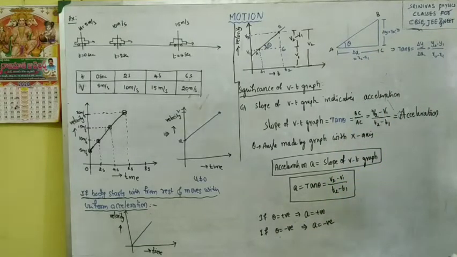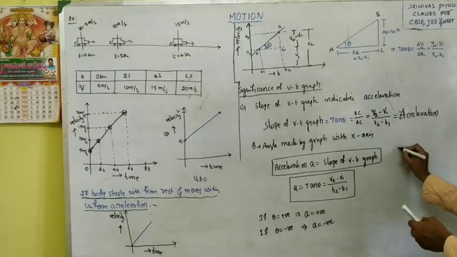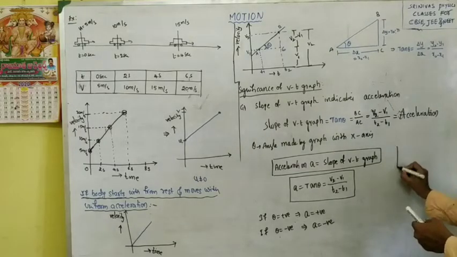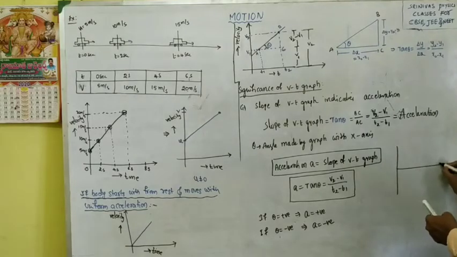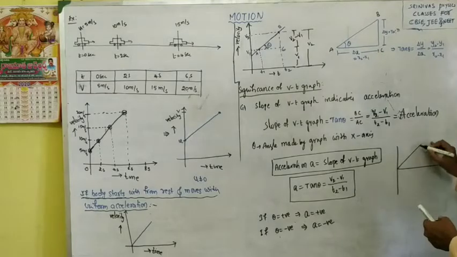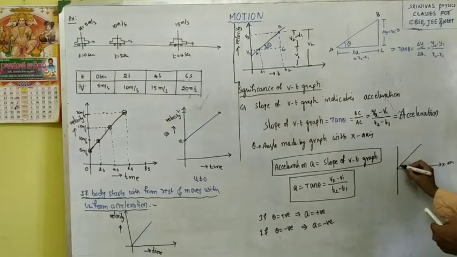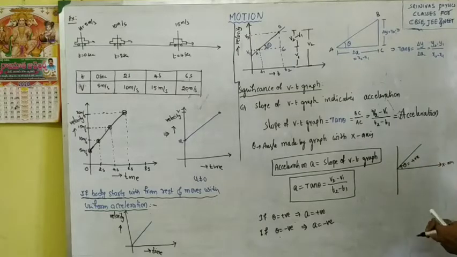And how will we take theta? For example, this is the positive x-axis. If the graph is like this, this angle with the positive x-axis we will take as positive.